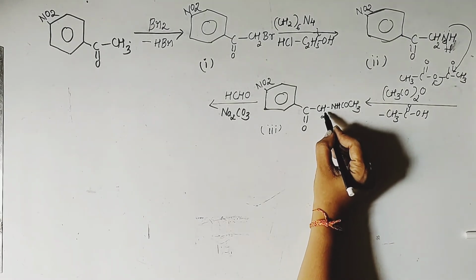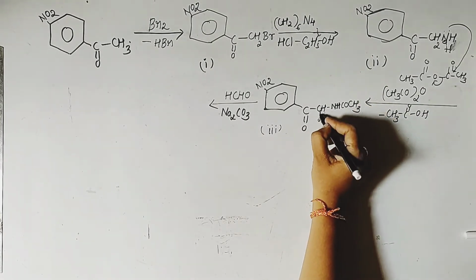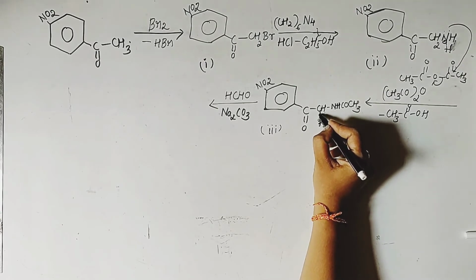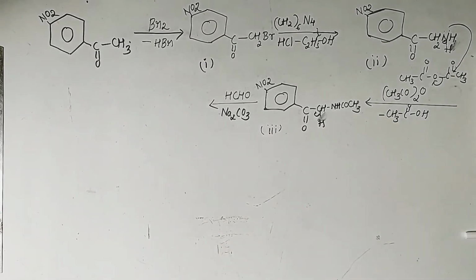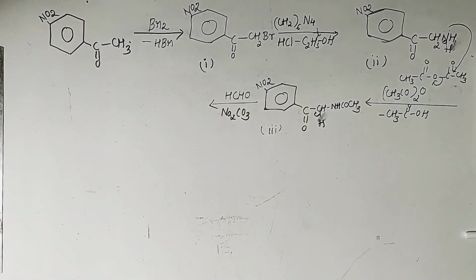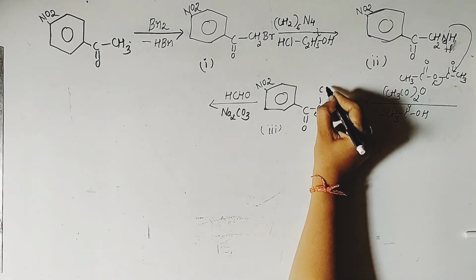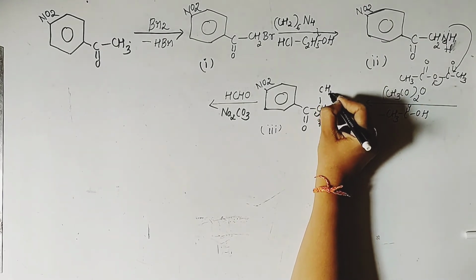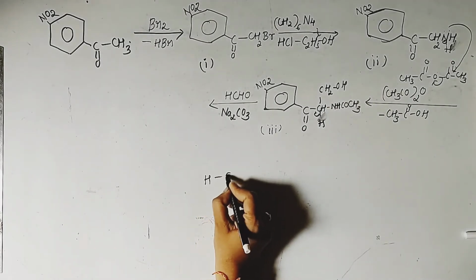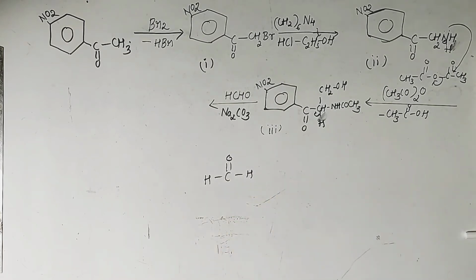In this position CH2 is there and one of these hydrogens will get eliminated. It gives its electron towards the carbon, and that carbon will attack the aldehyde group. We can write simply this as CH2OH. This is HCHO, our formaldehyde.